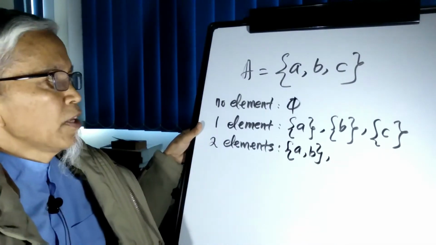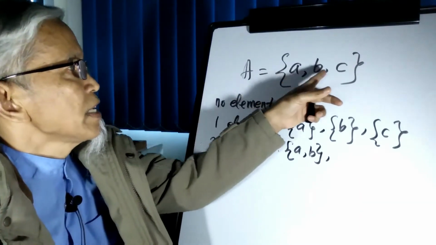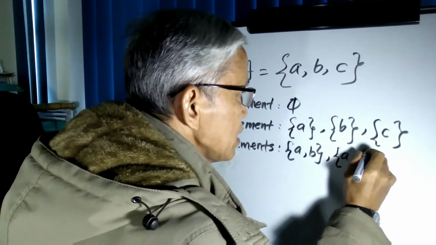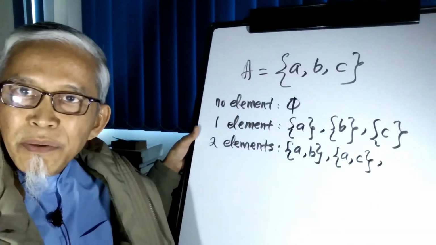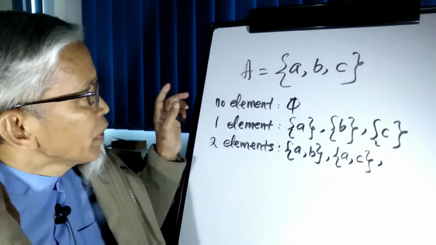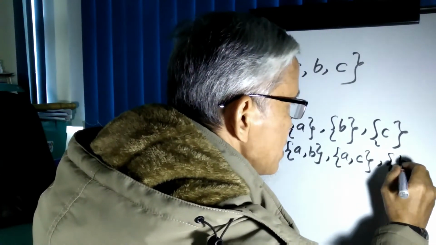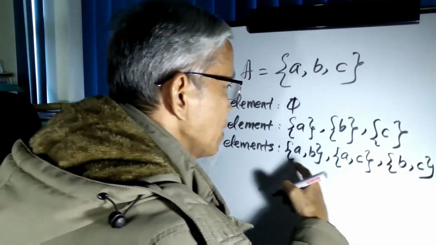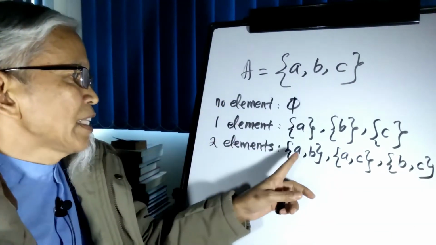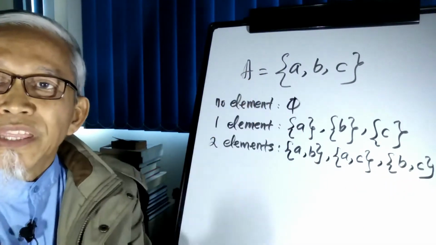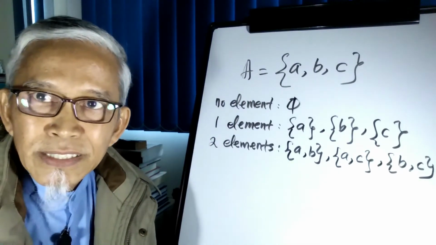Then we have ac, also 2 elements. Do we have any more? Yes, one more: bc. So 1, 2, 3 are all the subsets of A with 2 elements.